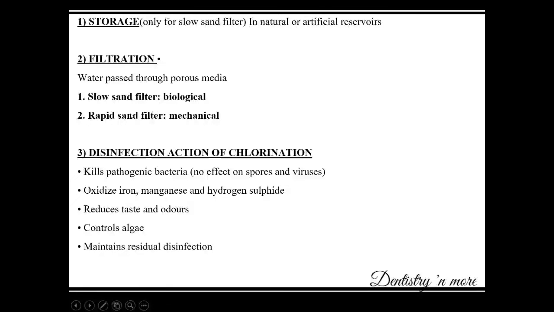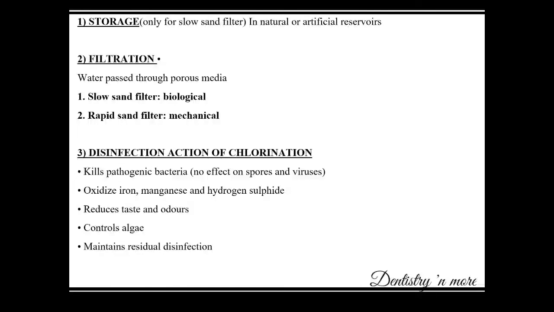For filtration, we have two methods: slow sand and rapid sand. The currently used one is the rapid sand filter, because slow sand requires a big land area. That is not possible nowadays, and it takes 1 week or 2 weeks for the biological layer to form over the sand bed.